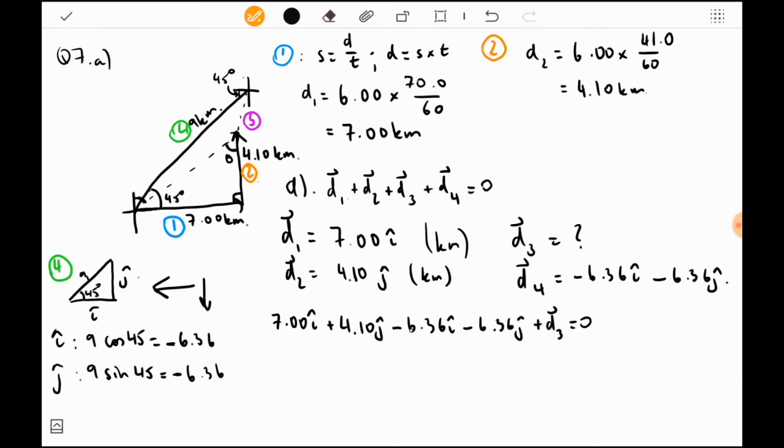Rearranging this and grouping together the components, grouping this i and this i, and this j and this j, D3 is equal to negative 0.64 i plus 2.26 j.